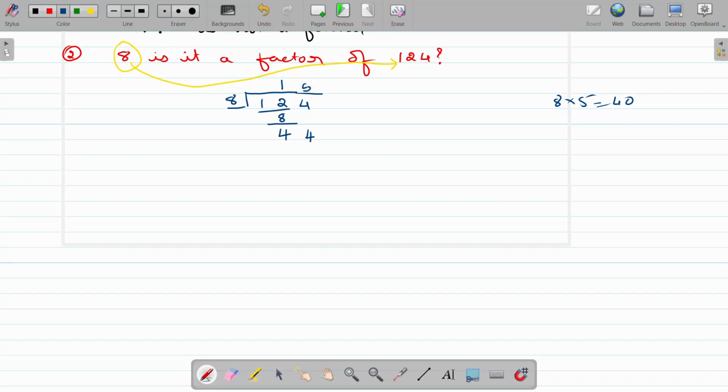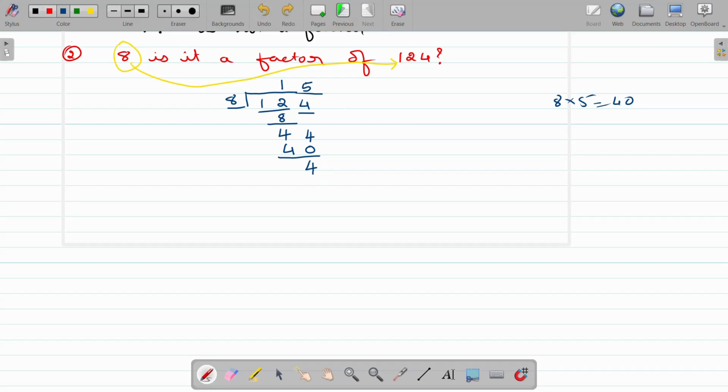I will write 5 above the 4, and here I will write 40. After subtracting 40 from 44, we get a remainder of 4. This is the second remainder. Once we have done this division, we don't have any other number after that, so finally we got the remainder as 4.